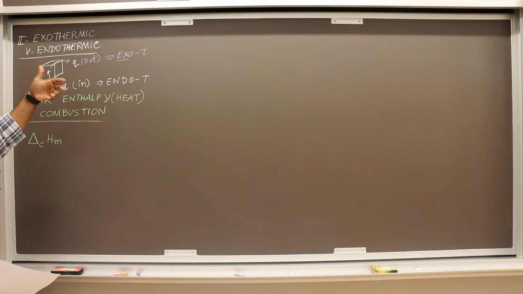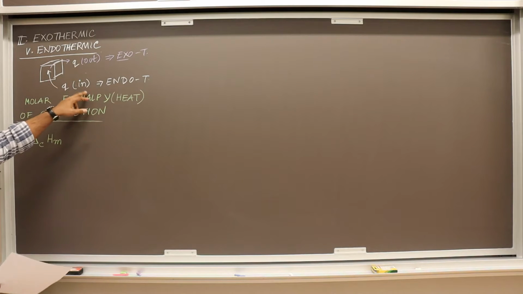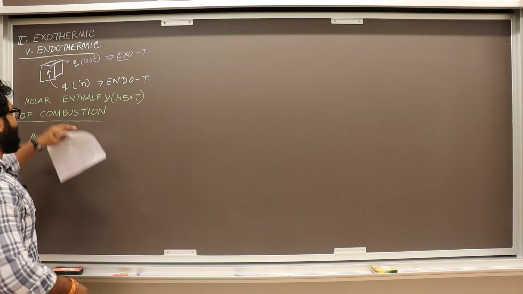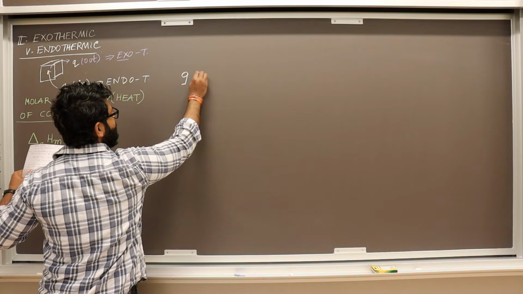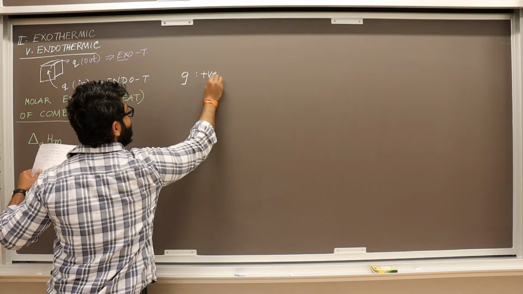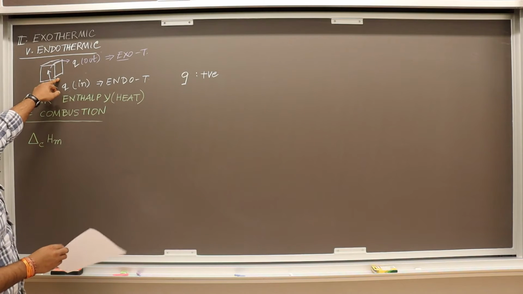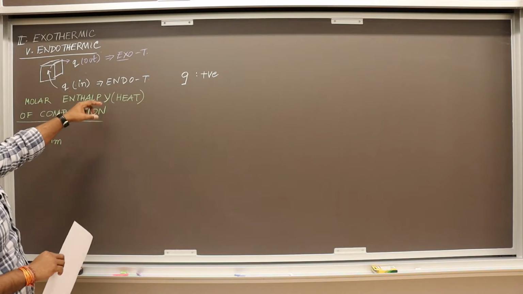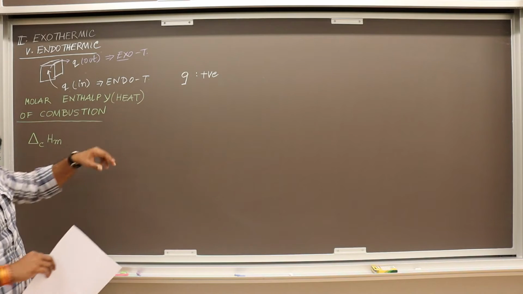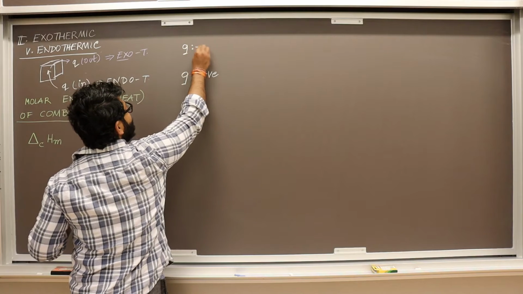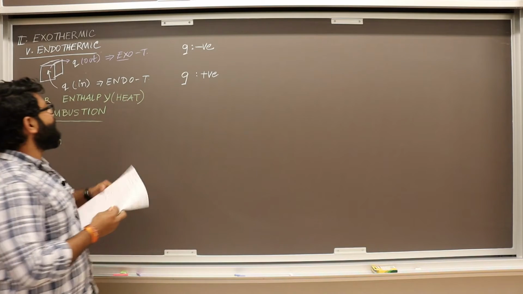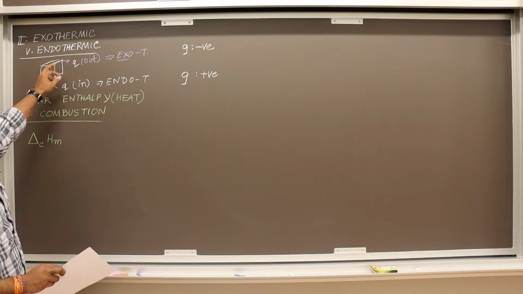But how does the sign change in the Q, and what is the convention? The convention is that Q is positive if heat from the outside is going into the system, and Q is negative if heat from the system is coming out.